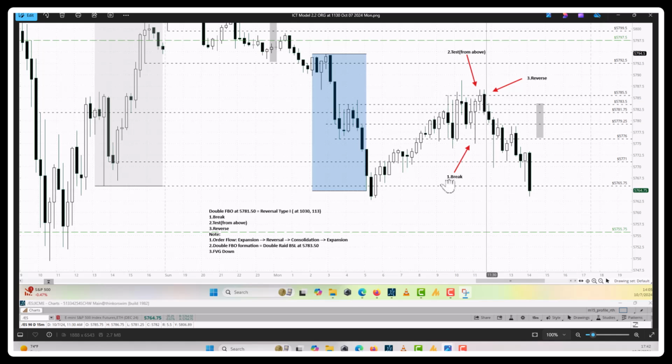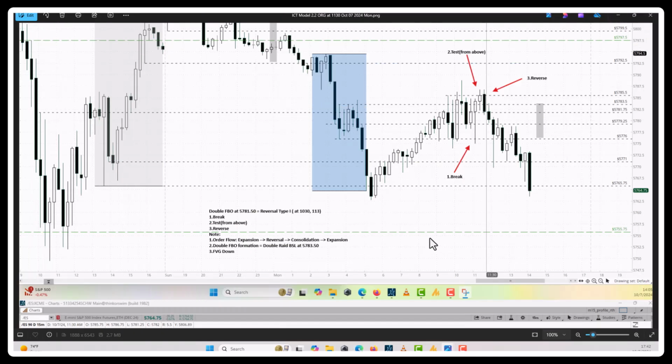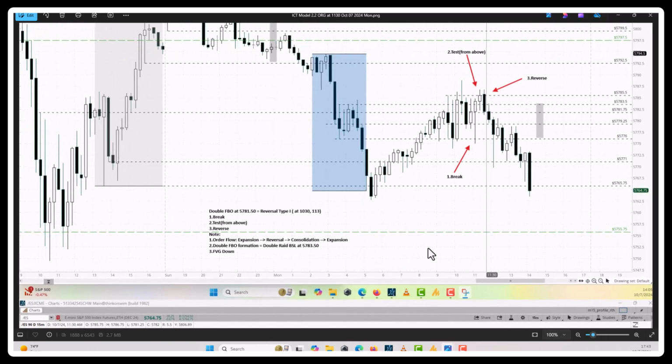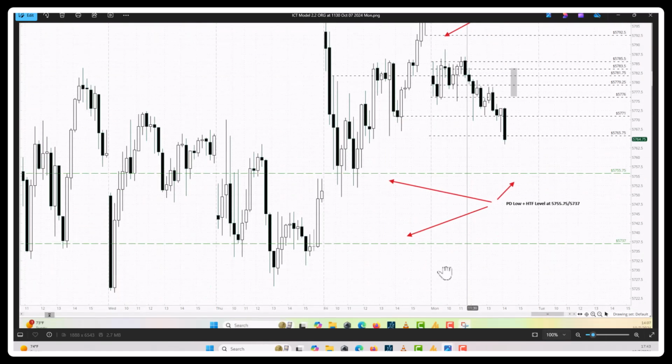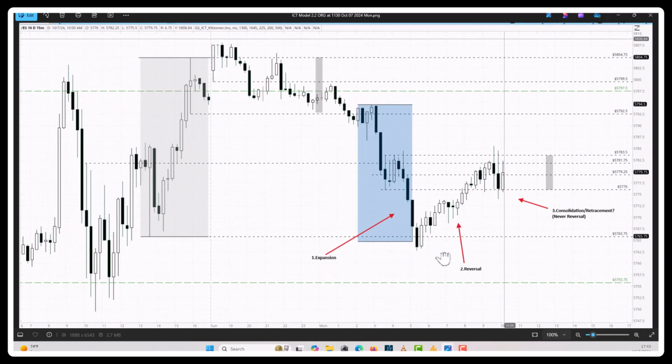At first, if we based only on the ICT right here, we enter at 9:30. But now with the knowledge about the order flow or the price delivery model, it makes sense that we have to wait right here, right? Because this is the expansion move, and this one is reversal.